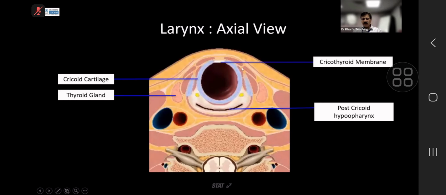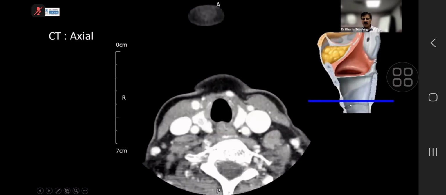Then this diagram tells you that now there is a more complete ring, and anteriorly this area where the membrane is. Because of ossification, if it was ossified, you would have seen it as a white structure. Otherwise, you will see it as a soft tissue structure.